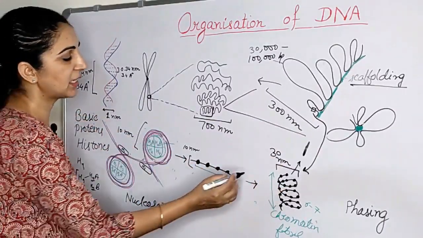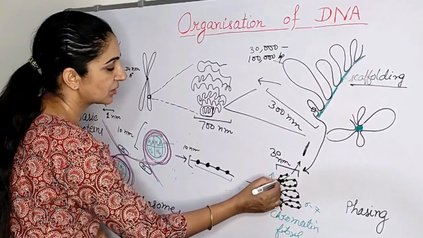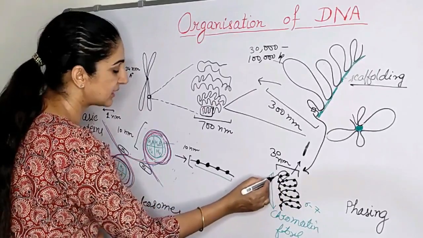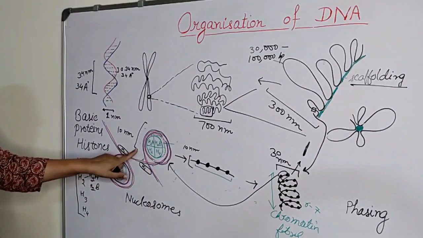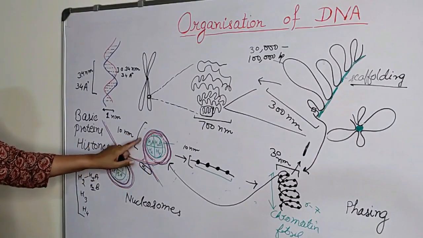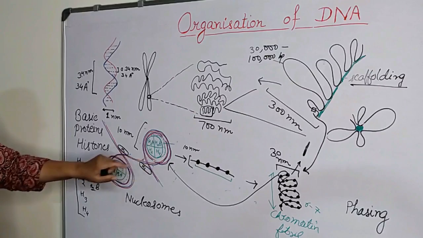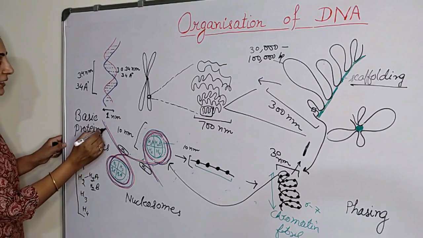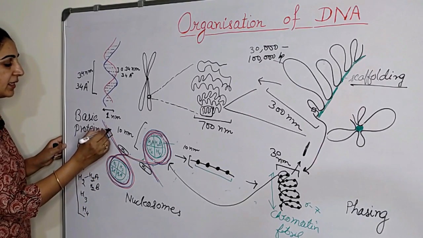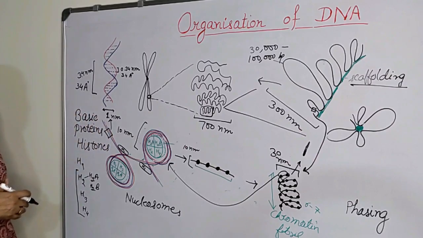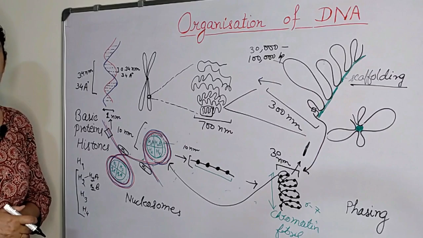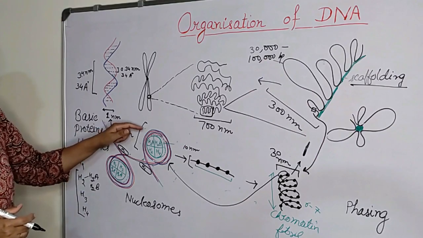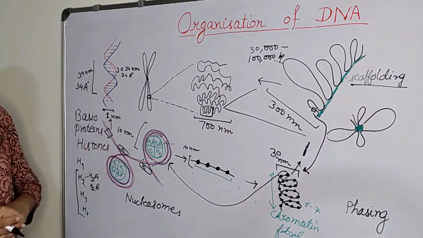And suppose we enlarge this much, then we will see that it is made up of the nucleosomes, which are in turn made up of the DNA double helix wound around the histone core proteins, and this is our DNA double helix. So this is how such a large molecule of DNA double helix can be put inside a very small nucleus.